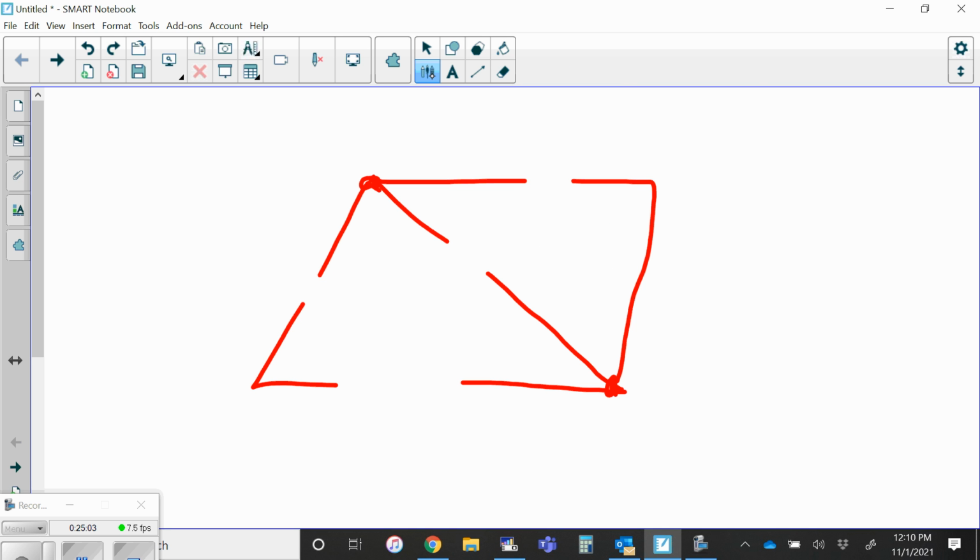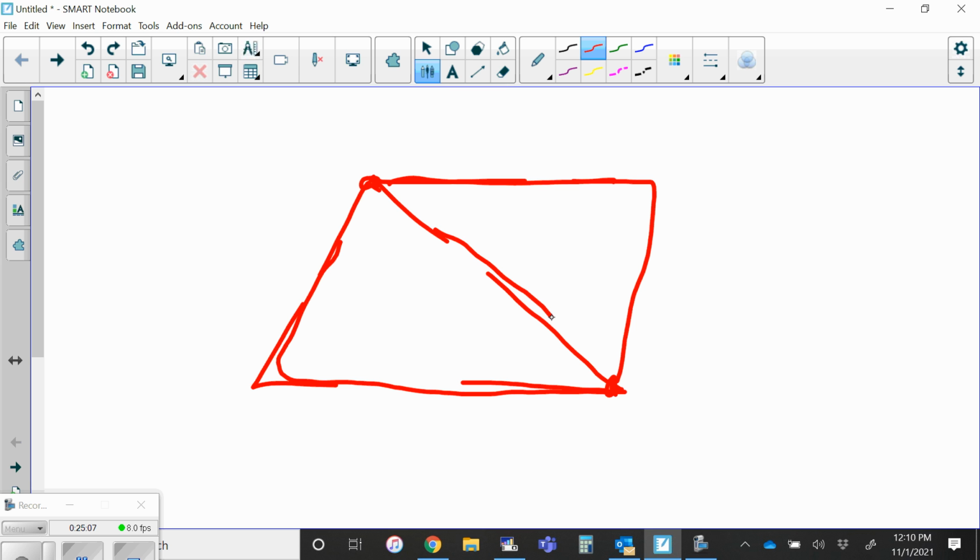Let's call this AC. AC is the same as what? AC is the same as AC. Why? It's on both triangles. Do you see how that is on both triangles? So that's one side being congruent to itself. Do you get what I mean by that?